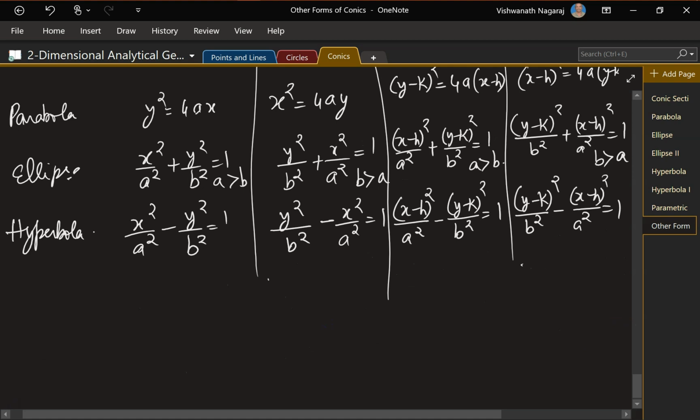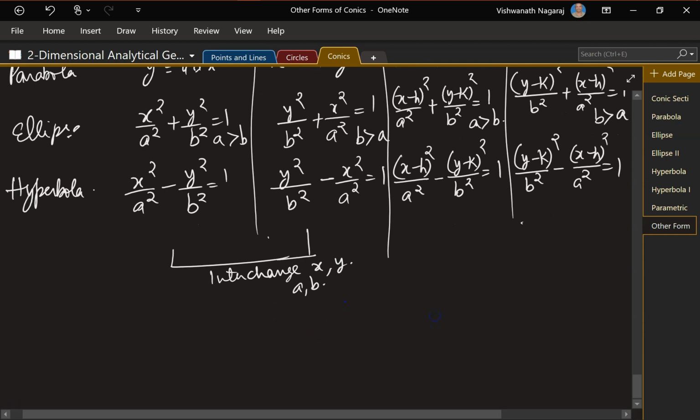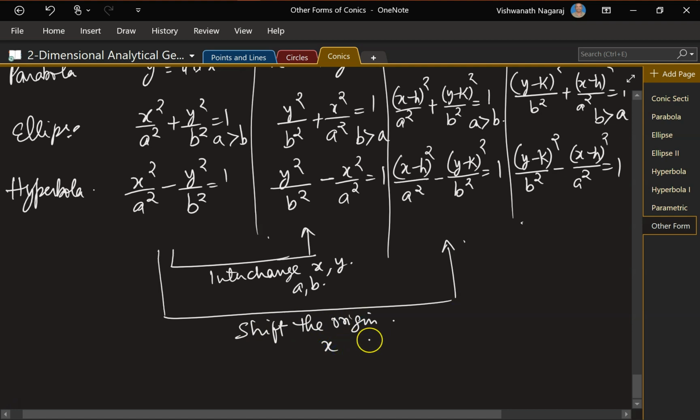So, if you want to go from here to here, what do we do? Interchange x and y, a and b. Right? If you want to go from here to here, shift the origin. So x becomes x minus h, y becomes y minus k.